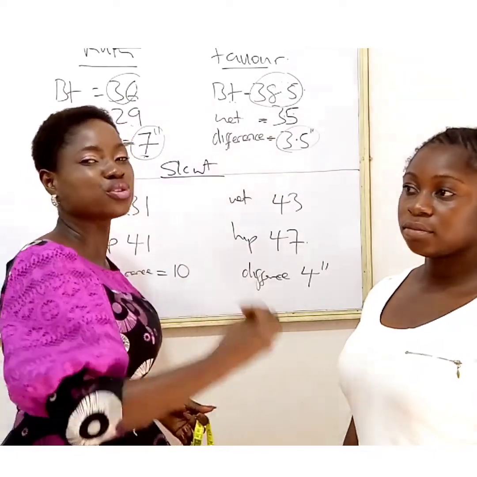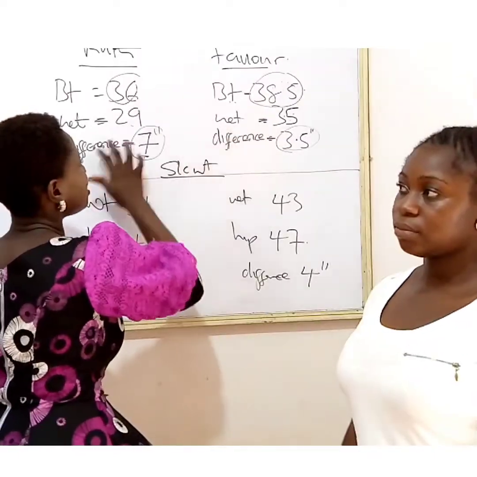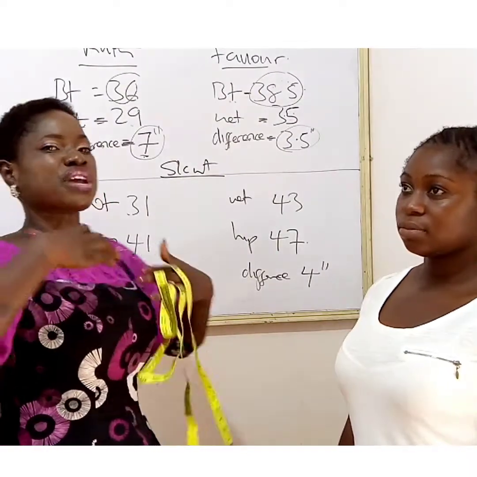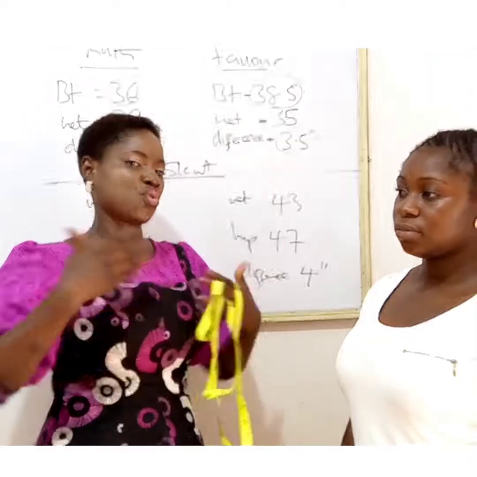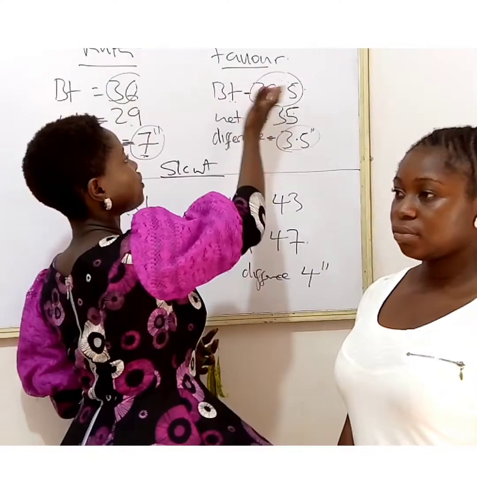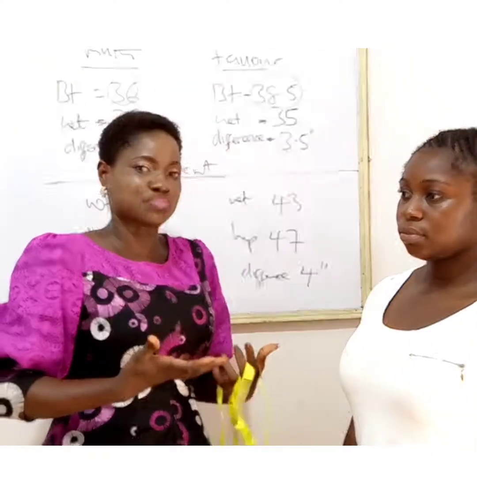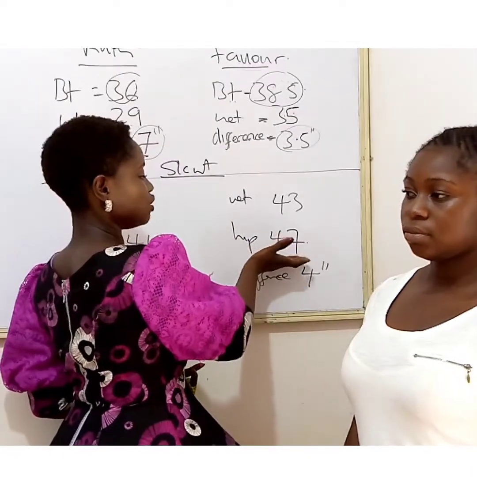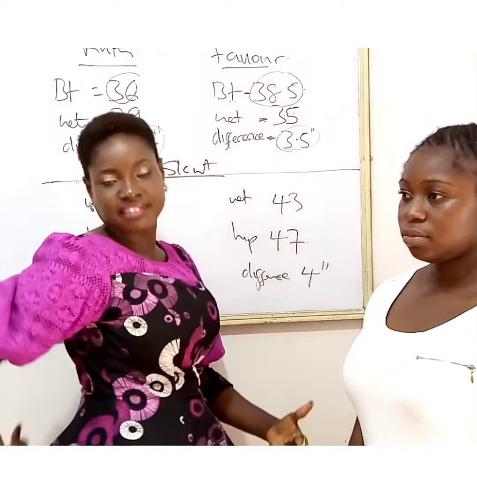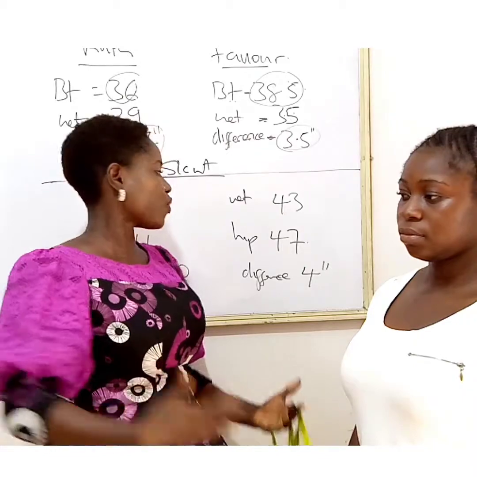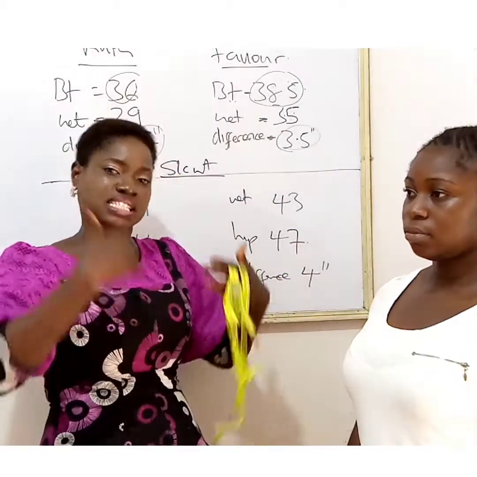But when we compare those values with the waist measurement, we are able to create enough room as required. We will not just look at the bust measurement and go and create fullness, whereas there's nothing that is going to fill up that space. And likewise, we will not look at the hip measurements and go and create fullness at the back of the skirt, whereas there's nothing that is going to fill up that space.